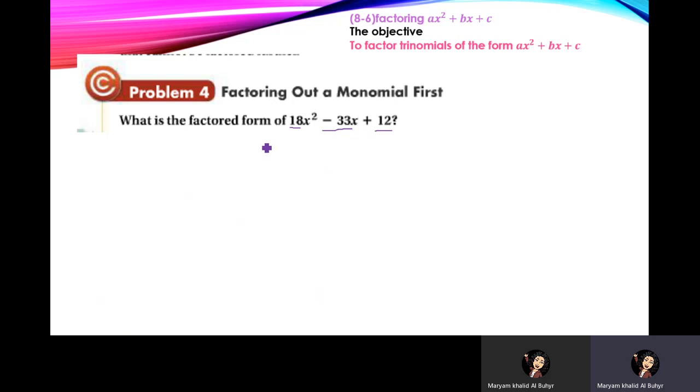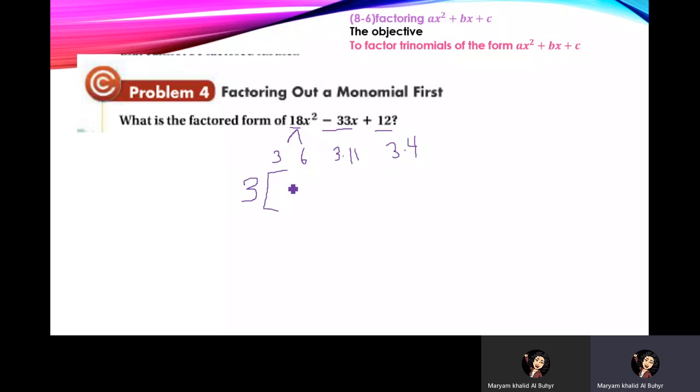You can imagine this is 3 times 6, this is 3 times 11, and there is also 3 times 4. You can pull this 3 out and take it outside of all of them, and leave the rest inside.